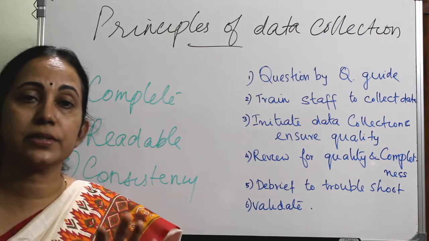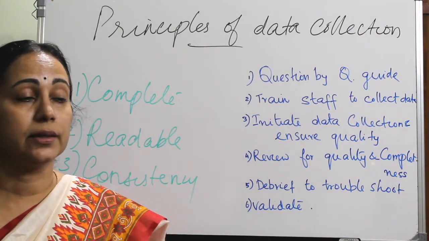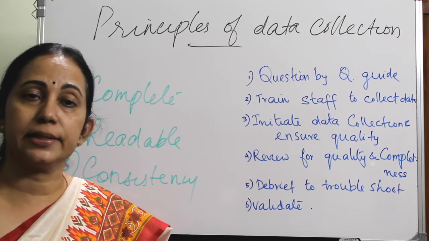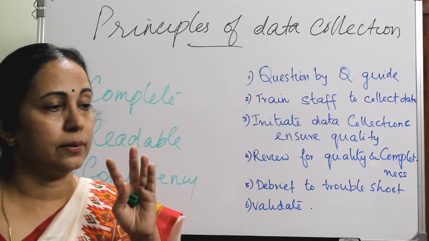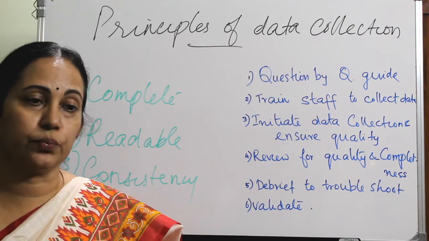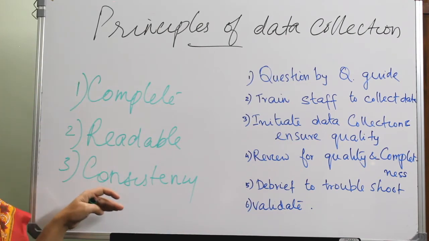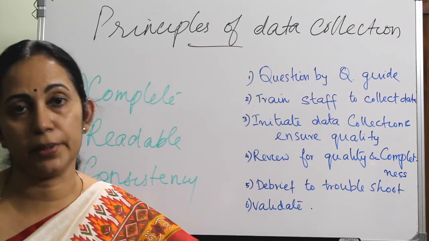The team investigator should check before the respondent leaves the area. The supervisor should make a daily check of all the data collected for all these, and also the principal investigator should look for this completeness, readability and consistency as and when the questionnaire comes to the principal investigator.